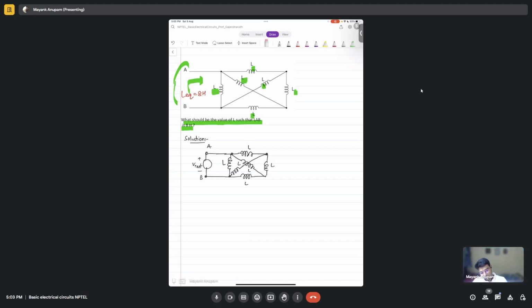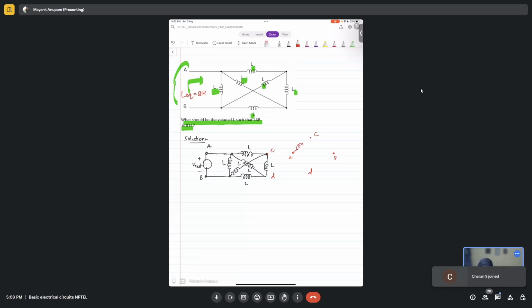We can redraw it, I think. Okay, let's redraw it. Let's call the nodes C and D. Between A and B, I have nothing.